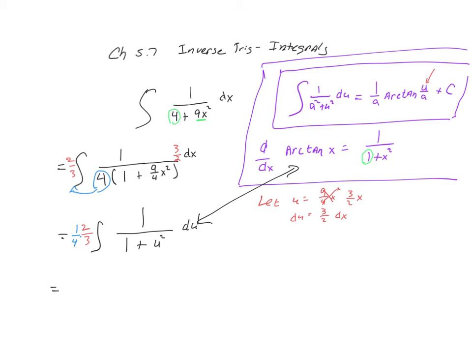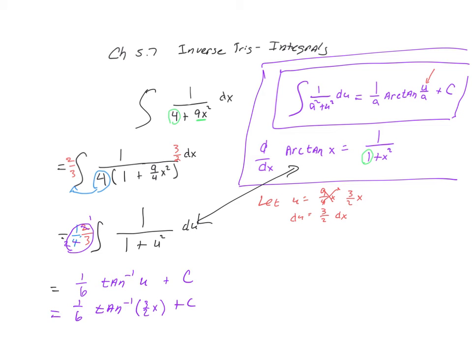Now when I simplify my constants out in front, I can call that a 1, call that a 2. So I'm going to have my 1/6 tangent inverse, or arctangent of u plus c, and then I can back substitute to go back into the x variable of 3/2 x plus c.